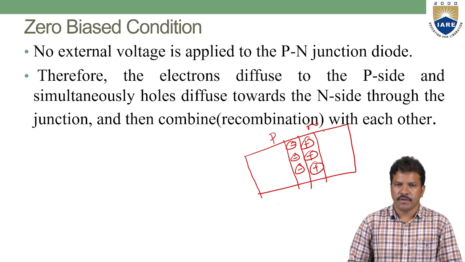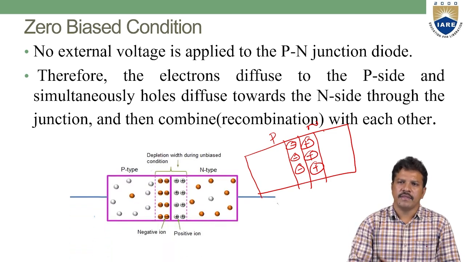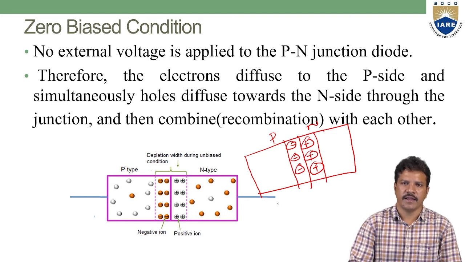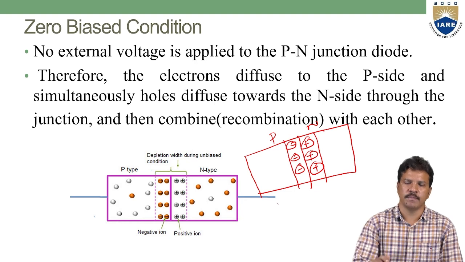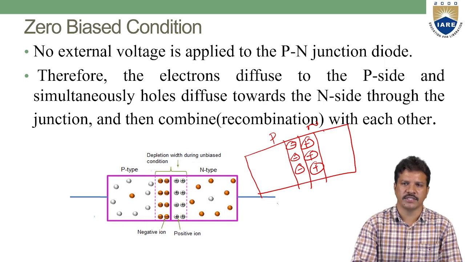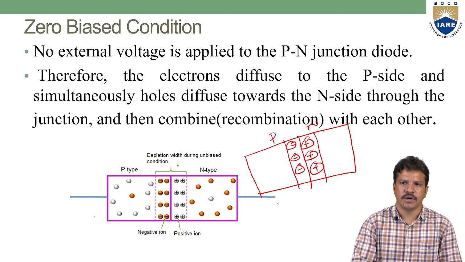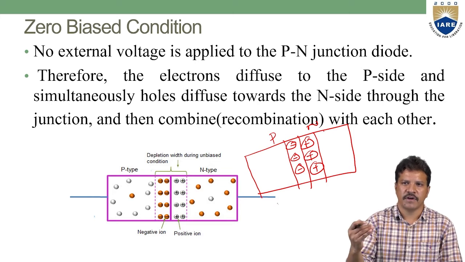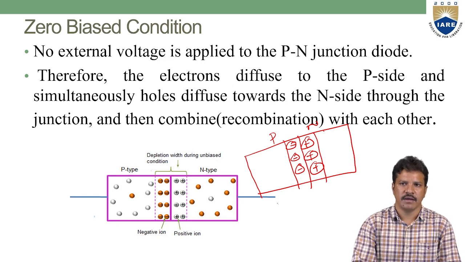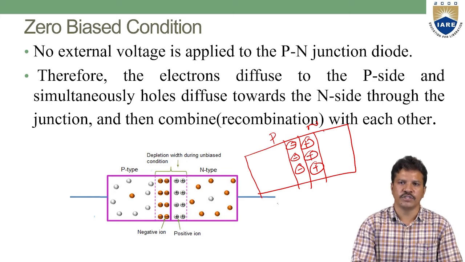Again there will be a concentration gradient, and again they have a tendency to move from higher concentration to lower concentration, but due to the negative charge developed across the p side and positive charge developed across the n side, this negative potential stops the further movement of electrons from the n side to the p side, and the positive ions on the n side stop the further movement of holes from the p side to the n side.